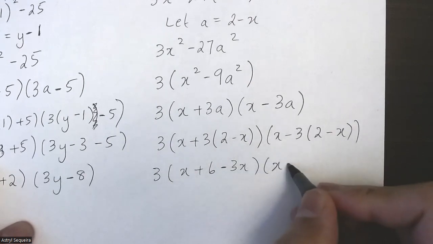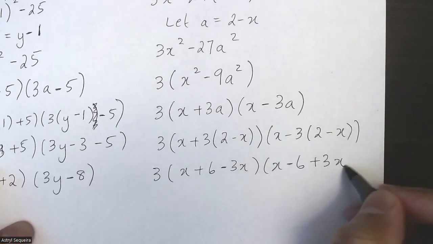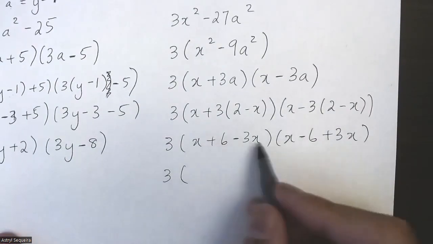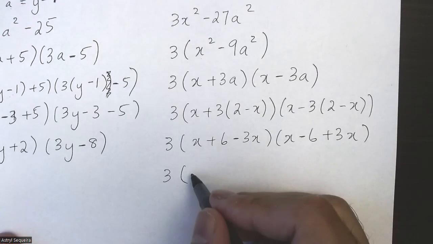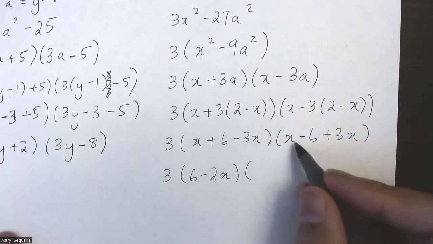Then x minus 6 plus 3x, and last I'll combine like terms. So here I'll get 6 minus 2x.